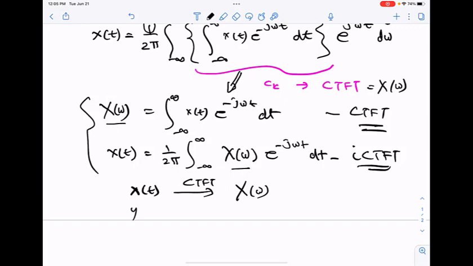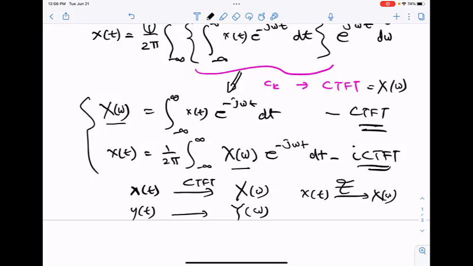And if you have y of t, we write then big Y. And in fact, sometimes it's also written this way, x of t, there's a fancy Fourier transform, x omega. Sometimes it's shown in this fashion. And both of these are actually bidirectional because the process is considered linear. So now let's go back and look at some properties of CTFT.